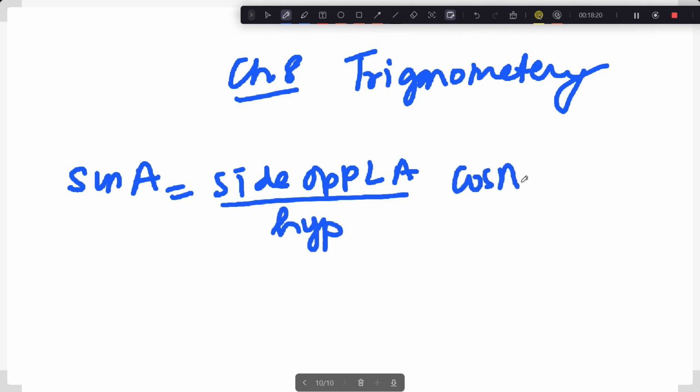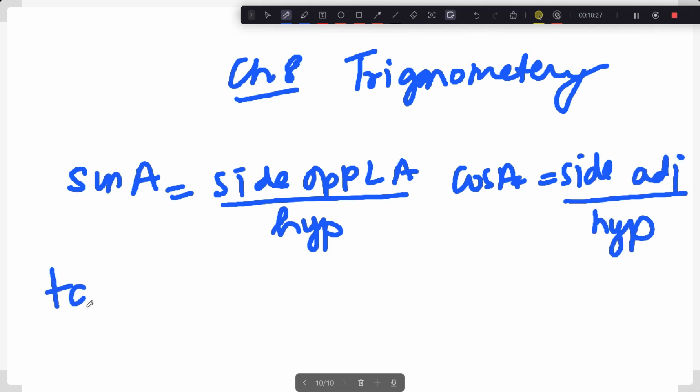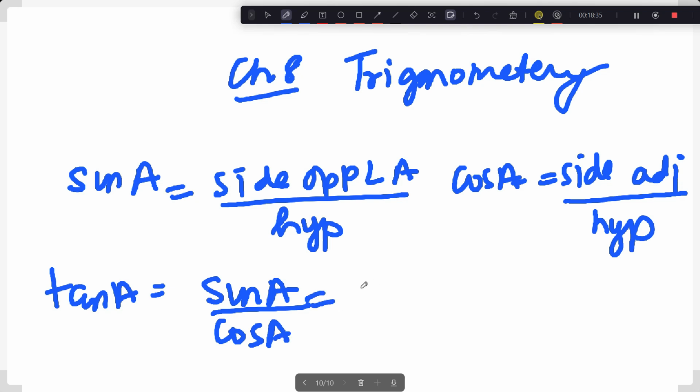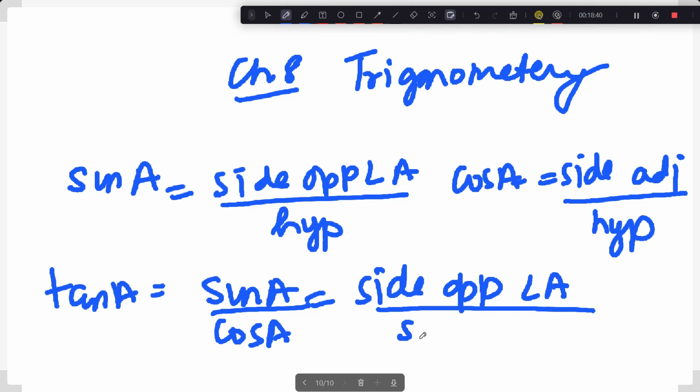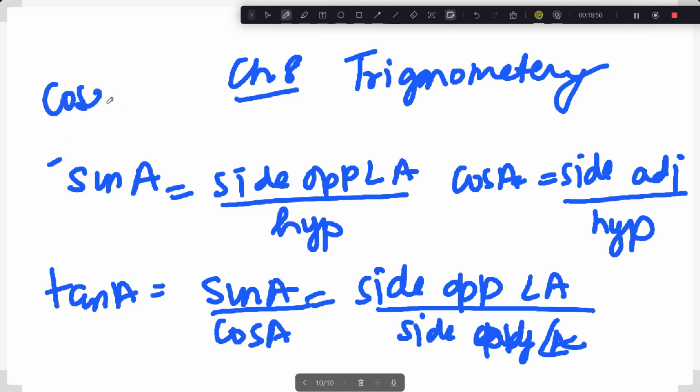Cos A is equal to side adjacent to angle A divided by the hypotenuse. What is tan A? Ideally it's just sin A by cos A, but you can also write side opposite angle A divided by side adjacent to angle A. And so you know what is cosec A, what is sec A, and what is cot A based on these formulas.